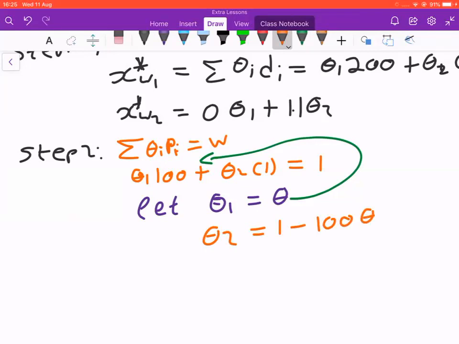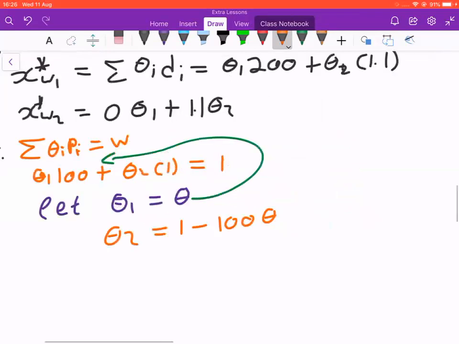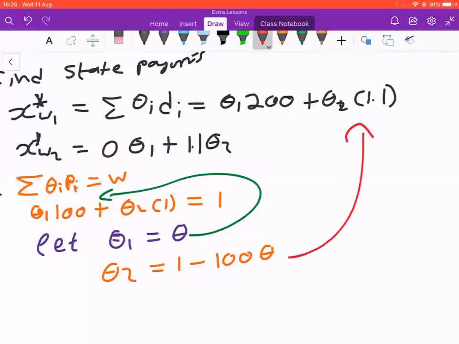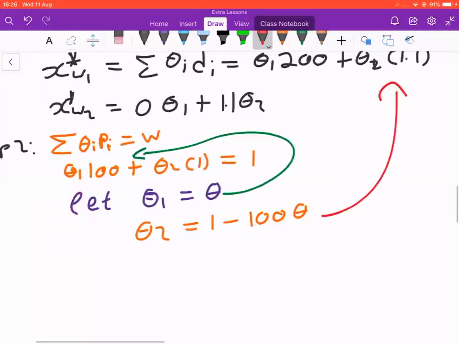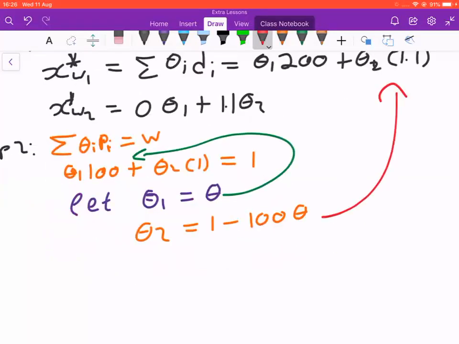If you let theta 1, the amount of asset 1 you are going to buy, be equal to theta, then theta 2, the amount of asset 2 you are going to buy, is going to be 1 minus 100 theta. And then you substitute these things back up there. So this thing will help you simplify those equations down there.